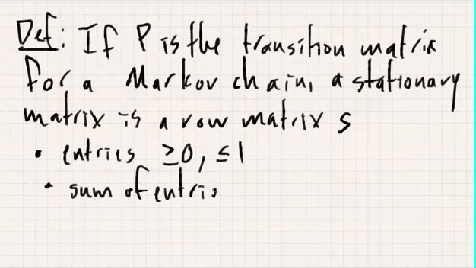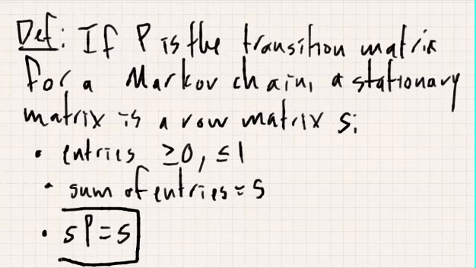That just means it's a state vector or state matrix, which always satisfy these things. But the most important thing is that S times P is equal to S. So this is the main condition. It is something that is not changed by multiplying it by this transition matrix. It says that if we start with this distribution S and then we go forward one period in time to see how things change after the transition matrix, nothing changes, at least in terms of the distribution.